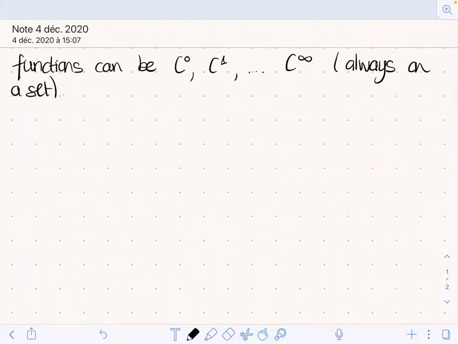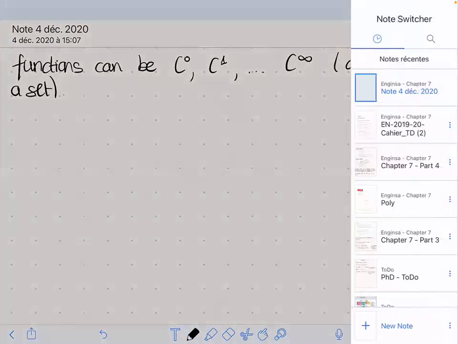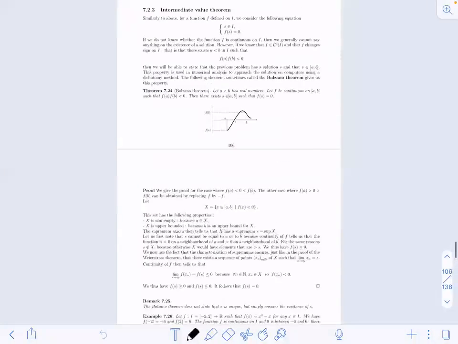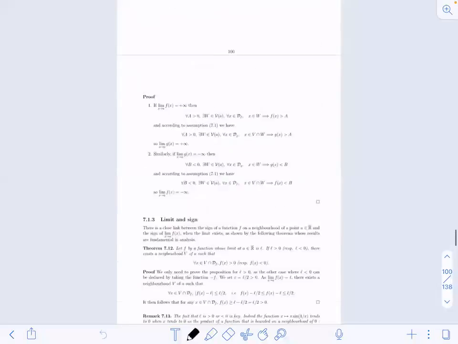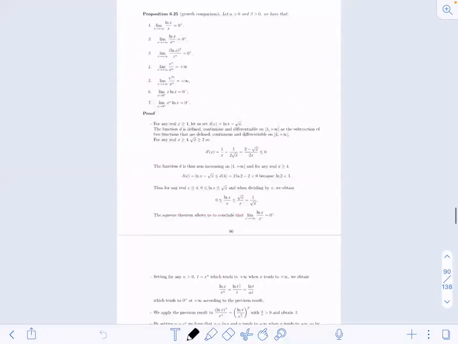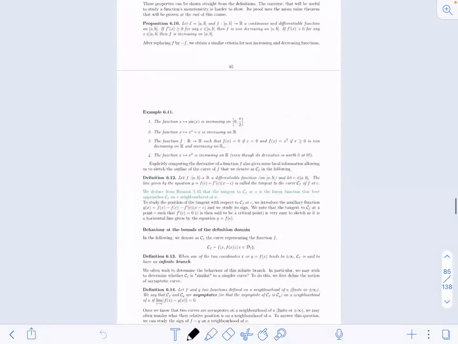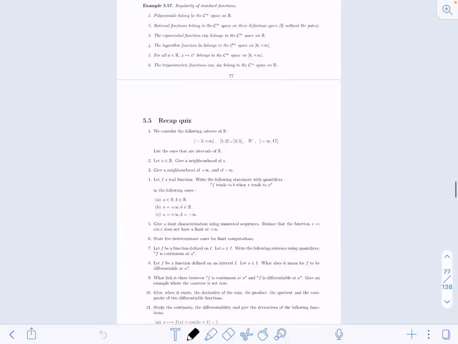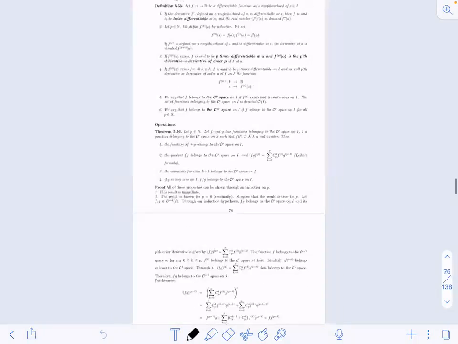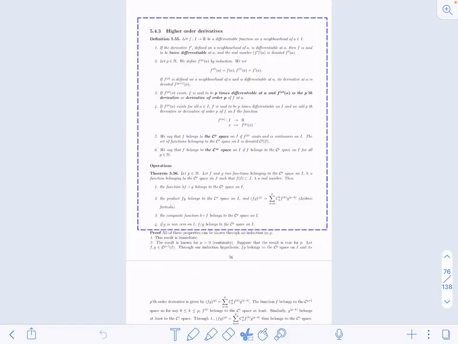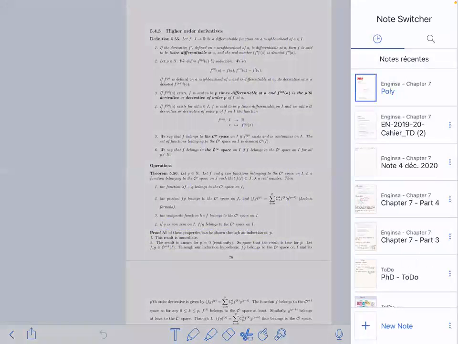Let me just get the part where this was actually studied, and then I'll comment on it and give some more examples. It was back in chapter 5, I think. It's something that we went quite quickly on, so maybe I'll just copy and paste all of it, and we'll go through it.